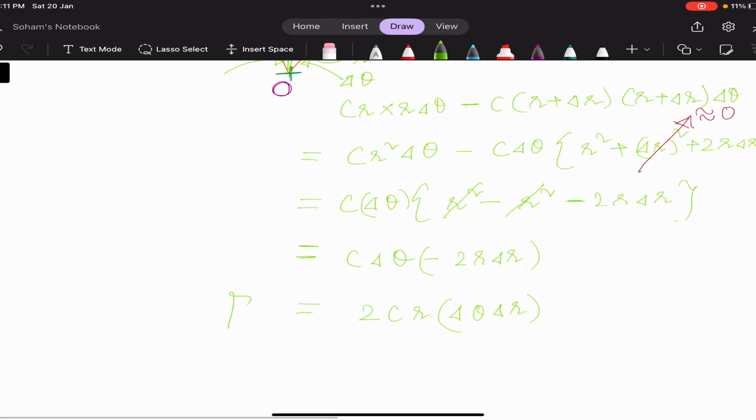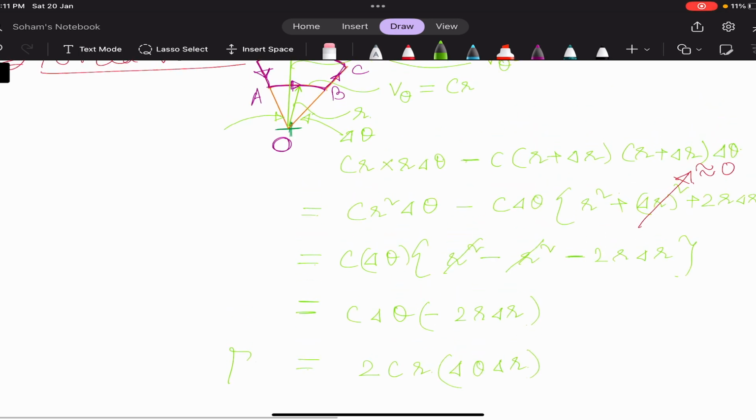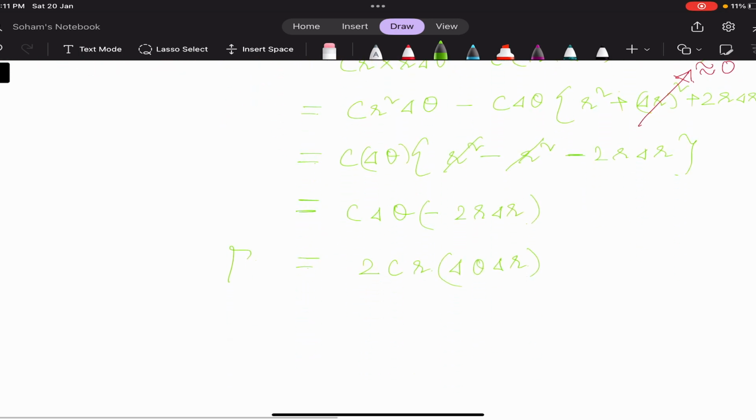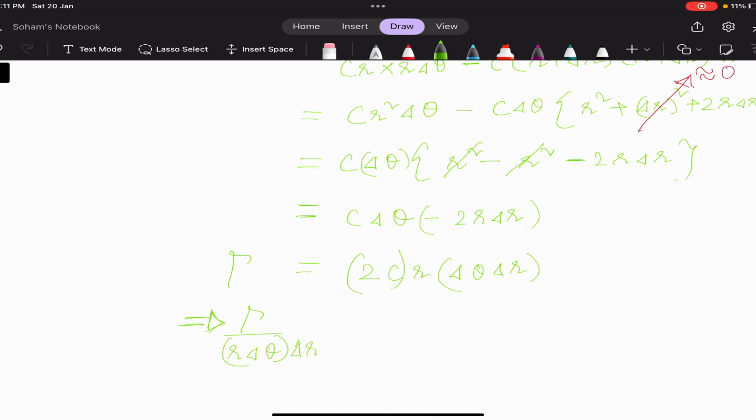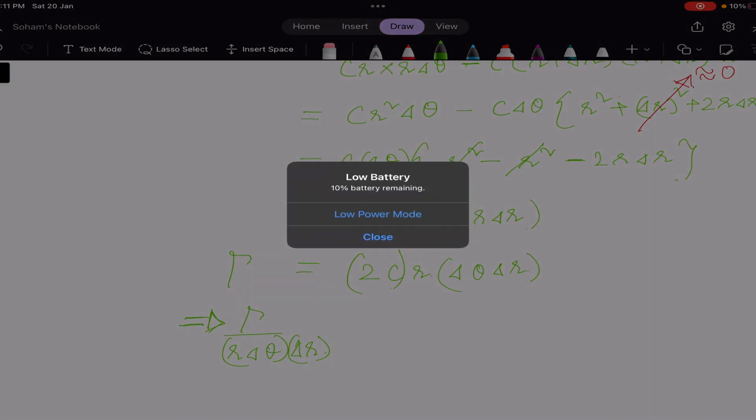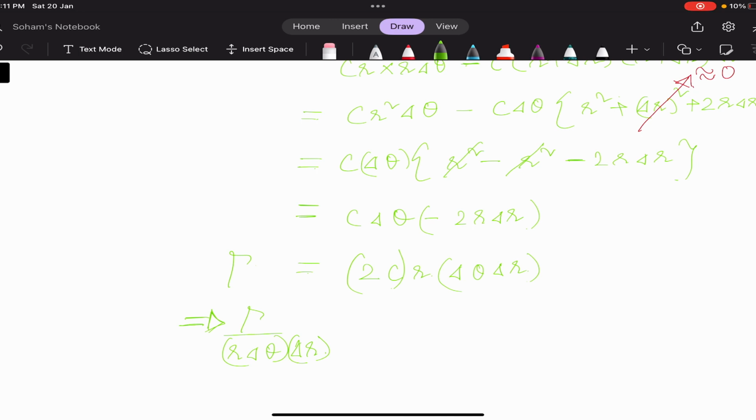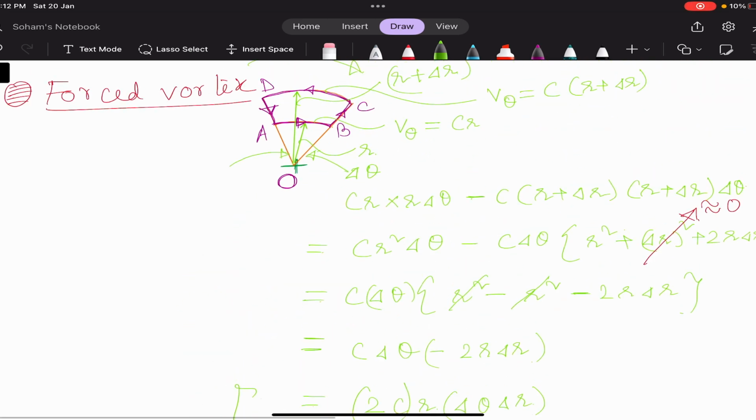Now let us compare one thing, tau by r delta theta delta r. Sorry, my battery is about to die, so I have to close today's session a bit early. So this will be 2C, and what is this r delta theta delta r?